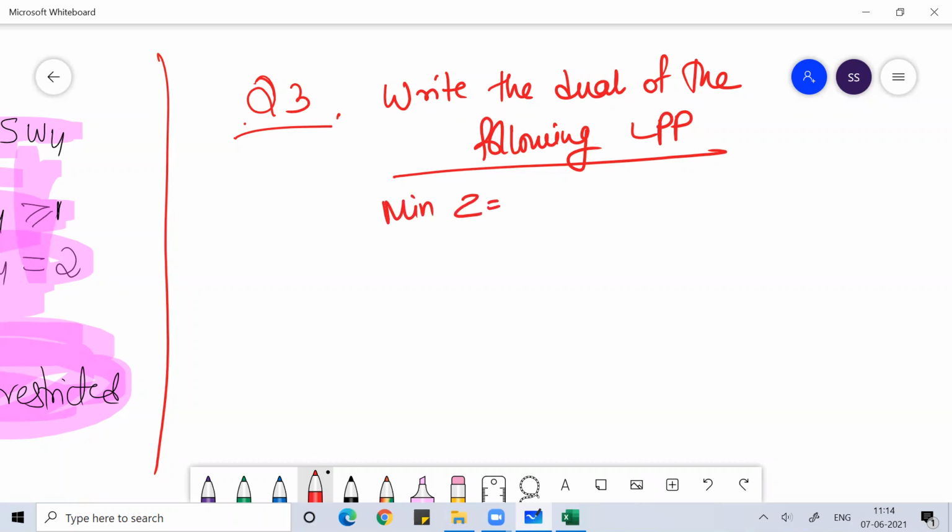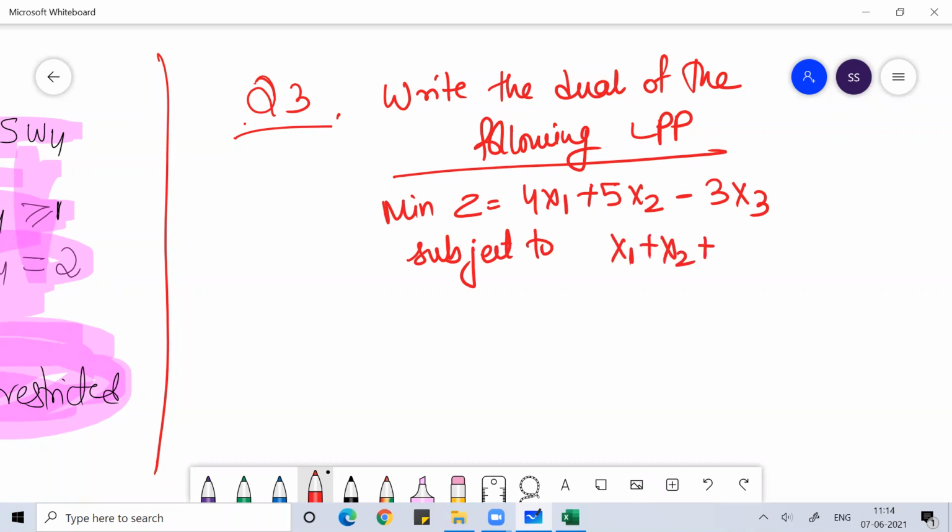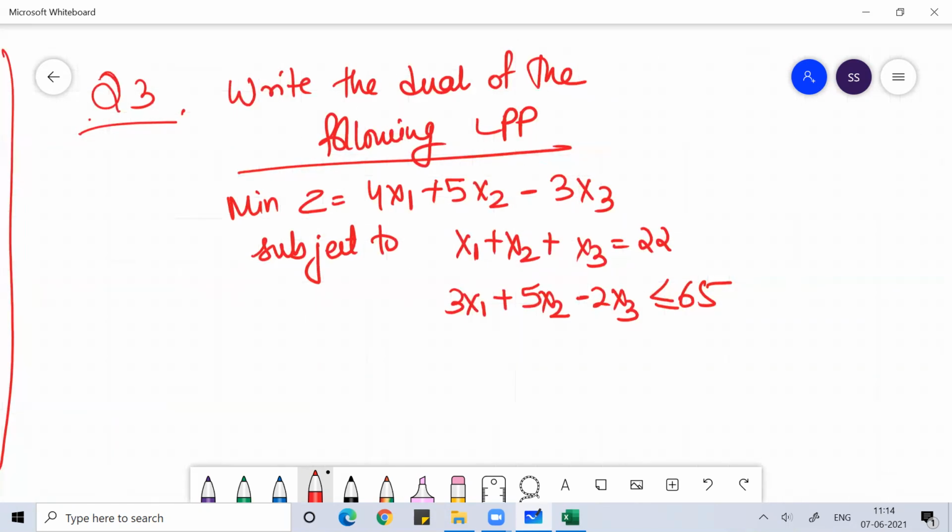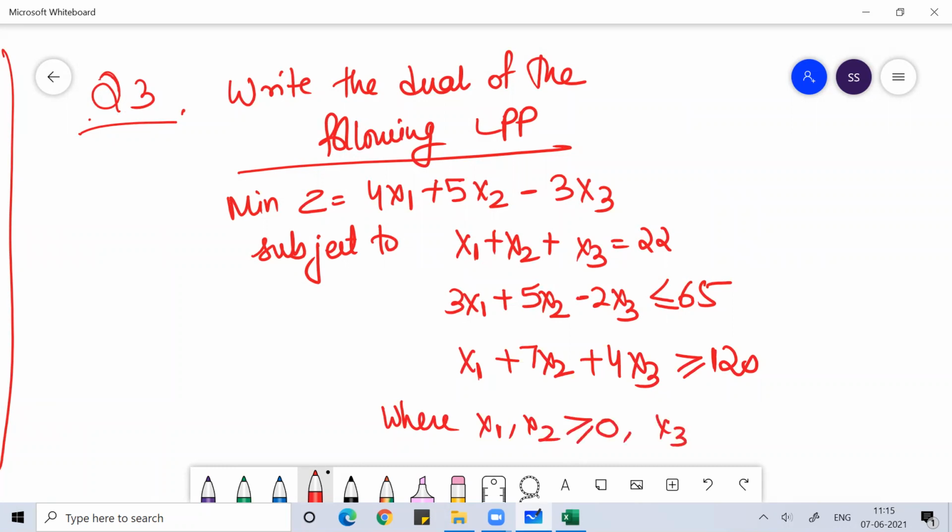So the question is minima of Z is equal to 4x1 plus 5x2 minus 3x3, subject to x1 plus x2 plus x3 is equal to 22, 3x1 plus 5x2 minus 2x3 is less than or equal to 65, x1 plus 7x2 plus 4x3 is greater than or equal to 120, where x1, x2 is greater than 0 and x3 is unrestricted.